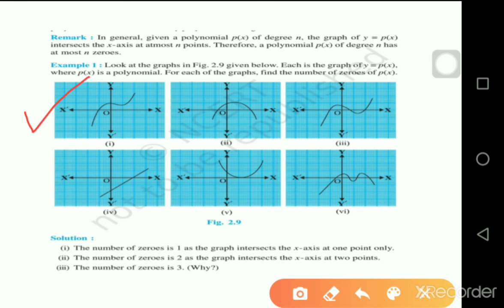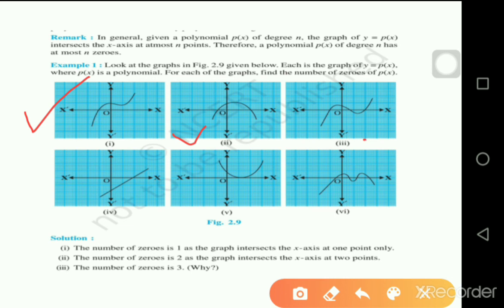So the number of zeros for this polynomial is 1. For the second graph, the graph intersects the x-axis at 2 points. So the number of zeros for this polynomial is 2.